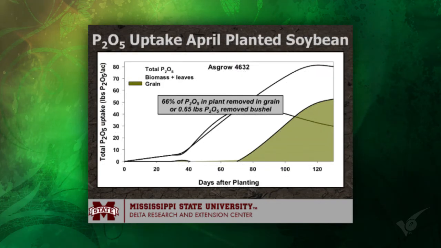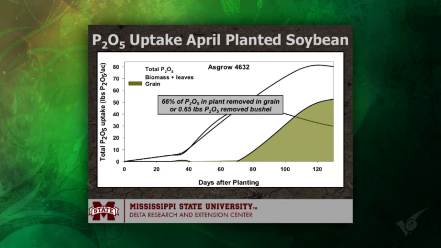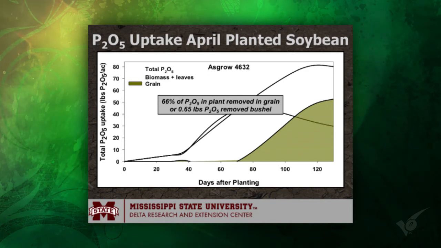Okay. When we look at P2O5 uptake, we see a slightly different curve, but again, very similar to nitrogen. P sinks to the grain in soybean very quickly, starting at about R5, with a total uptake of about 80 units of P2O5 in that soybean plant by R8.